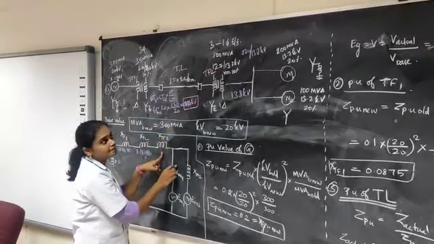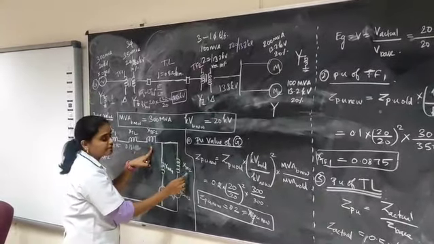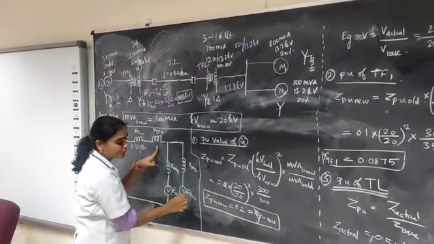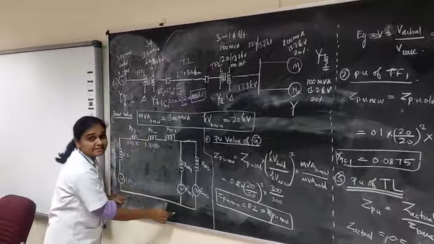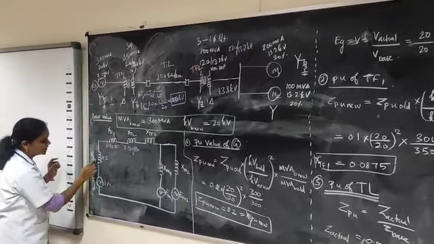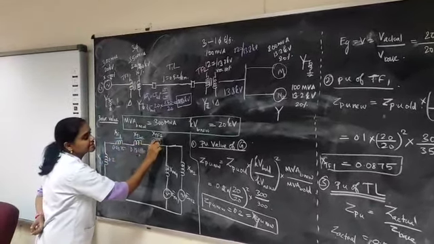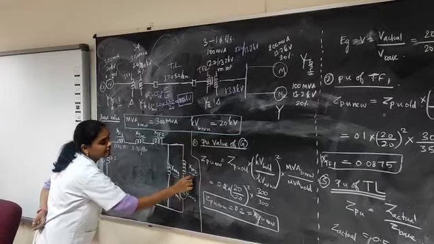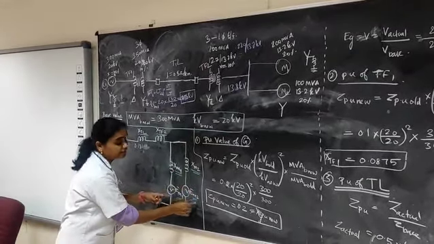Then the motor, I represent with XM1 and EM1. Similarly, for motor 2, XM2 and EM2. After drawing this reactance diagram, we have to find the per unit values of EG, XG, XTF1, XTL, XTF2, XM1 and XM2, and similarly EM1 and EM2.